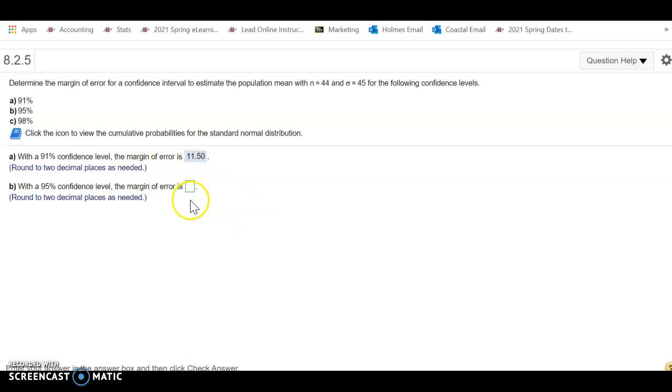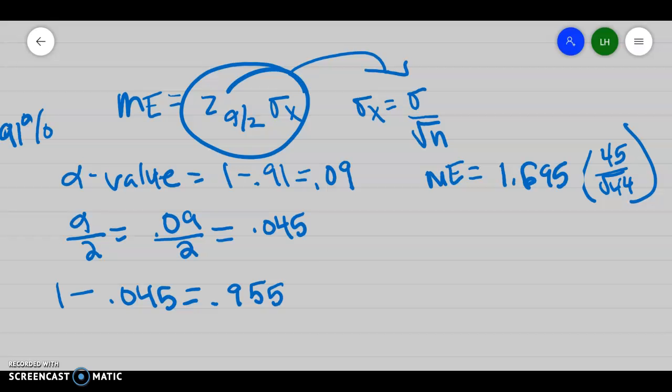Okay, and then for 95, we could do the same thing, except this time we're going to get 0.05, and then 0.05 divided by 2 would be 0.025, and 1 minus 0.025 would be 0.975. Now I need to go look that up in my table. Now the other part, the standard error, is going to stay the same.